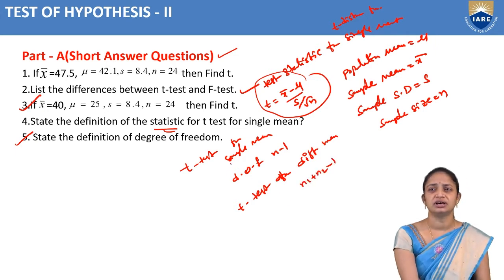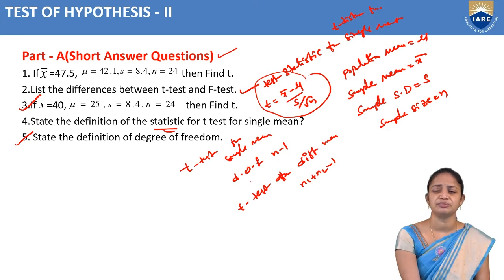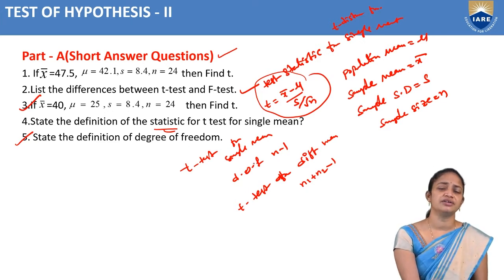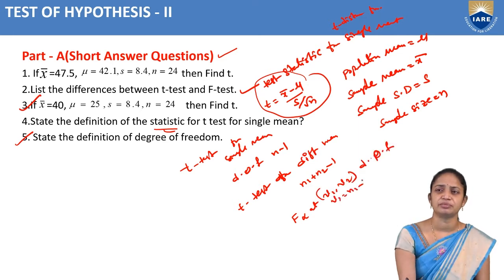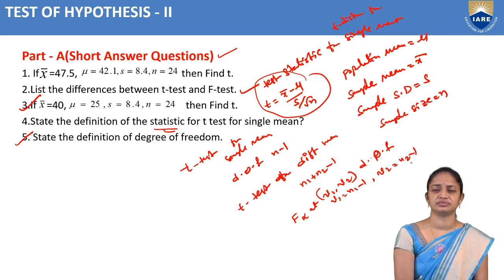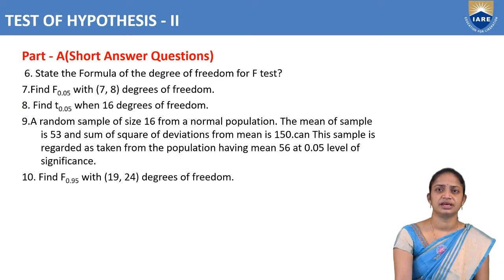So the degrees of freedom is different for every distribution or every test. For the f test, that is f alpha at nu1 comma nu2 degrees of freedom, here nu1 equal to n1 minus 1 and nu2 equal to n2 minus 1 degrees of freedom. Okay.